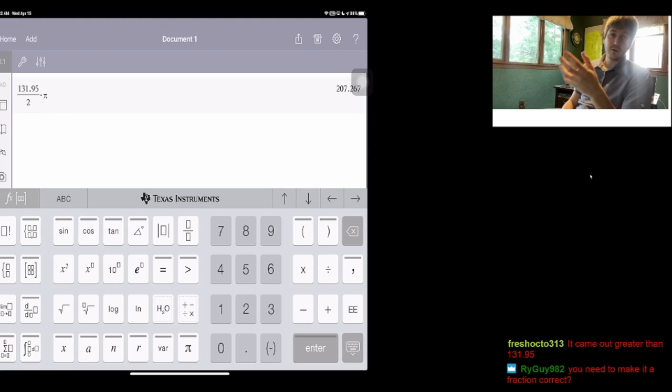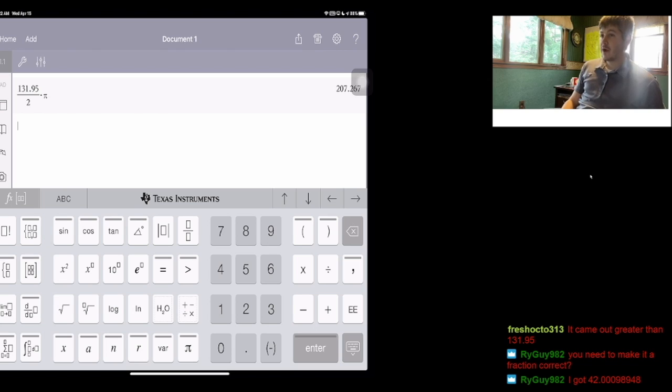207.267. So if anyone who did it on their own, like I asked, that 207 is actually the incorrect answer. Because look at what happens when I hit enter, and look at now the left-hand side. That's what the calculator is trying to do. It does 131.95, divides by 2, and then multiplies by pi. But you really meant to divide by pi.